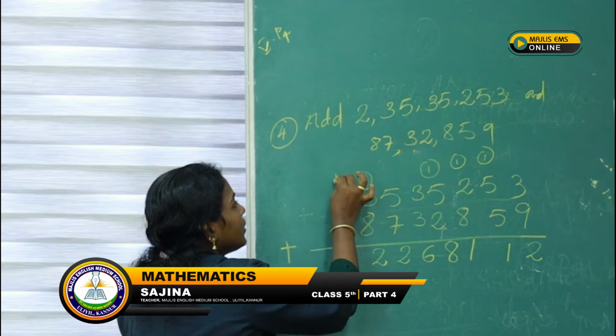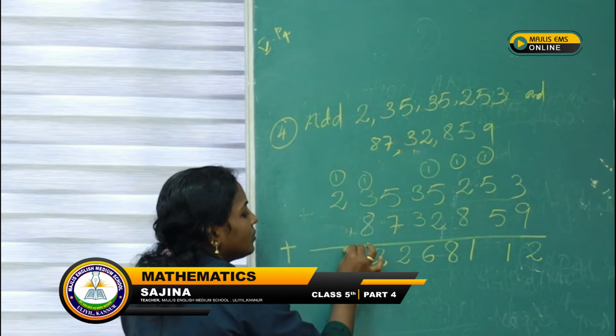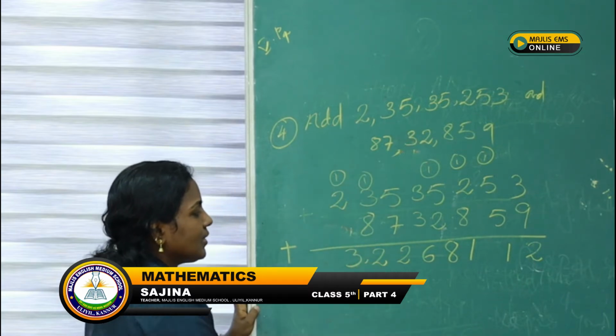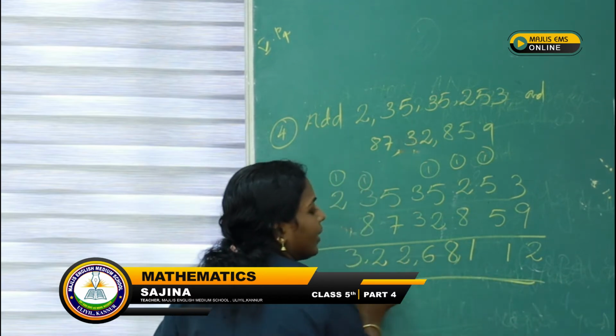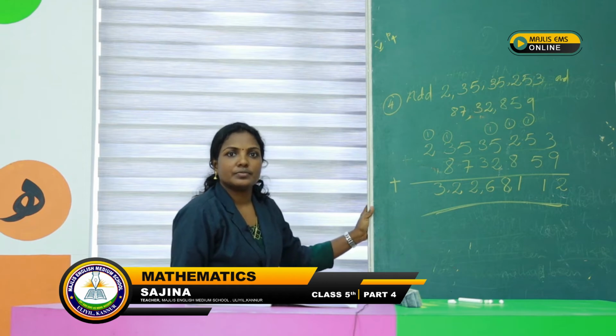Then 1 balance. 2 plus 1 is equal to 3. Therefore, our answer is 3 crore 22 lakh 68,112. Okay.